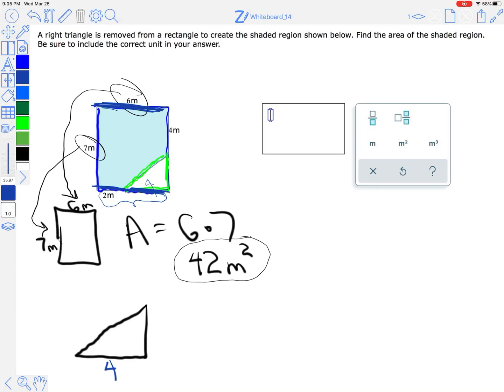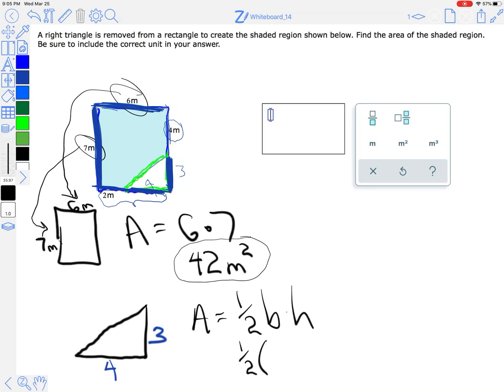And then using the same kind of logic for this side right here, I knew that the other side was 7 altogether. And I've got 4 here for this top portion. So what does that leave me there? Well, that leaves me 3. And then if we remember to find the area of a triangle, it's 1/2 base times height.